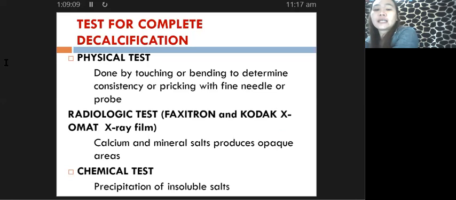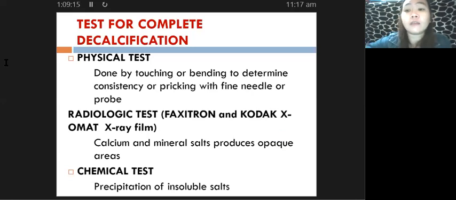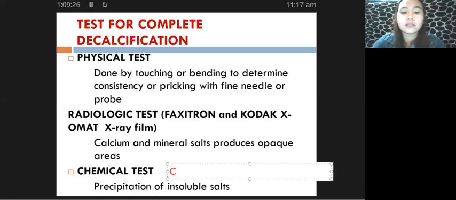Okay. Calcium oxalate test. This is considered to be a simple, reliable, and convenient method for routine procedures. So that means out of the three, the one that is commonly performed in the laboratory is your chemical test, otherwise referred to as your calcium oxalate test.